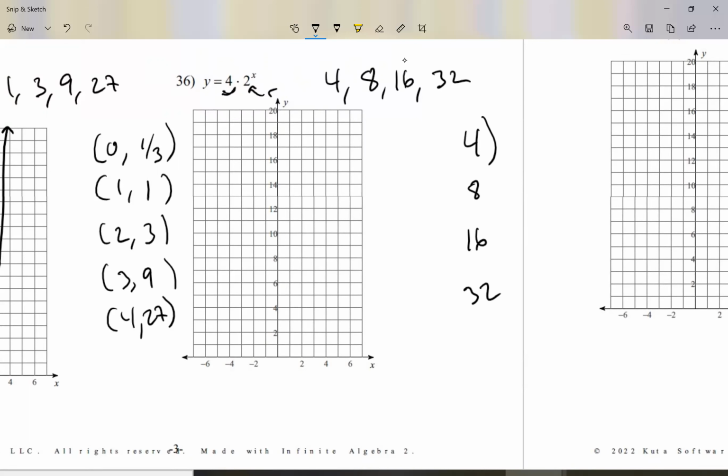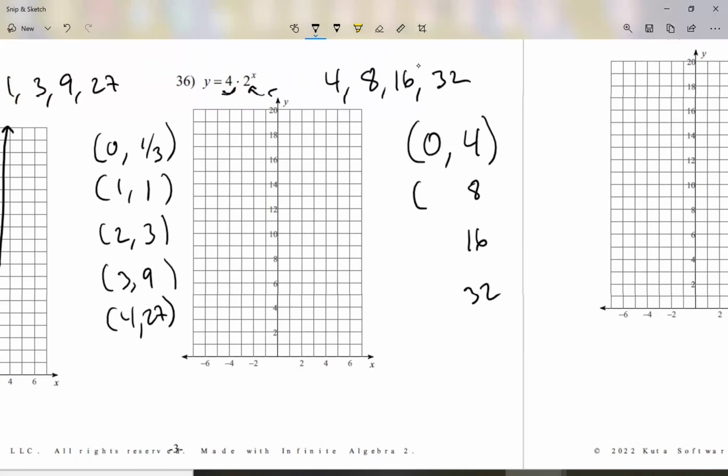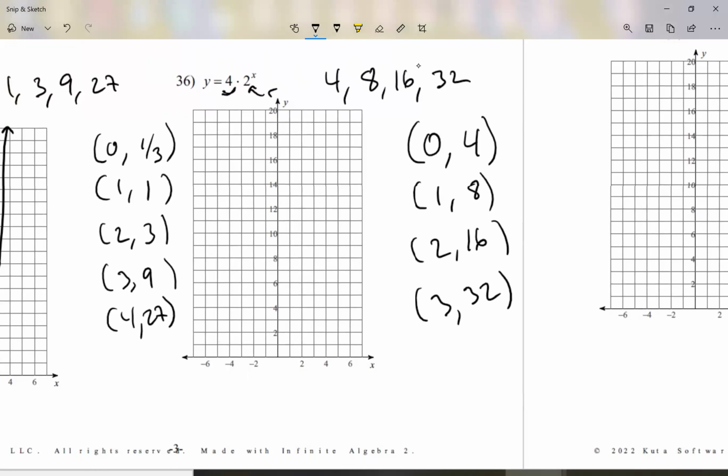For my first point, my x value is 0, and then 1, and then 2, and then 3, on and on. Again, the x values are easy to get: 0, 1, 2, 3, 4, 5, 6, 7, 8, as far as you need to go. So that gives me points.